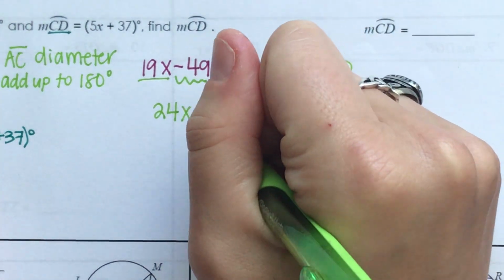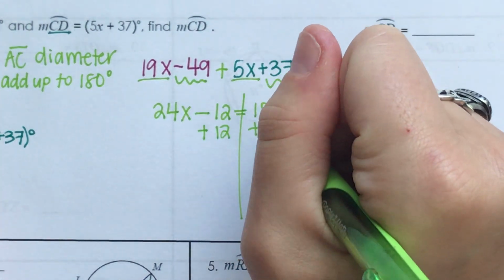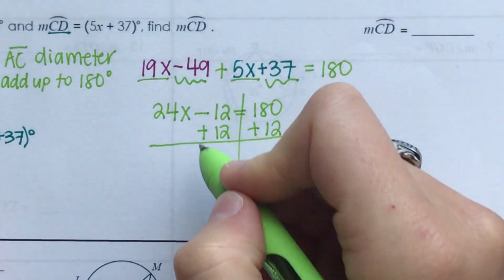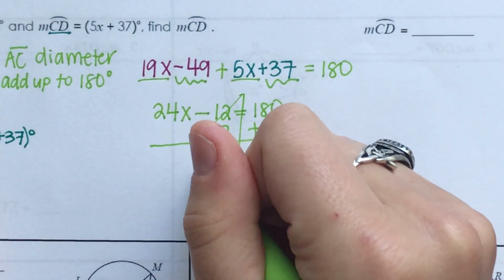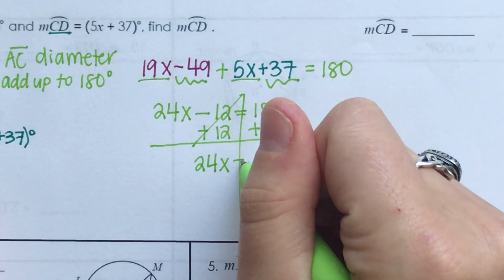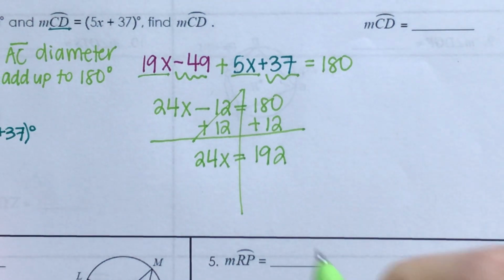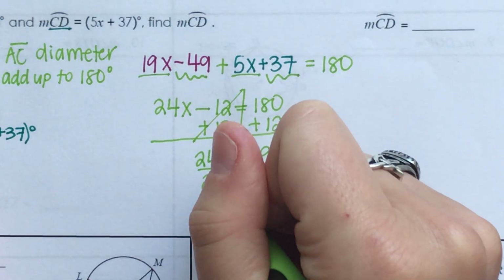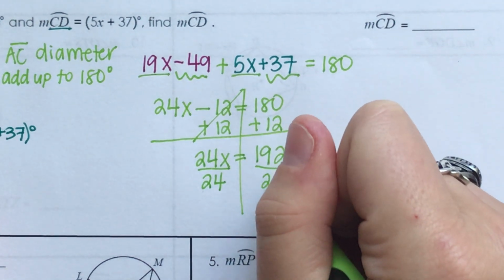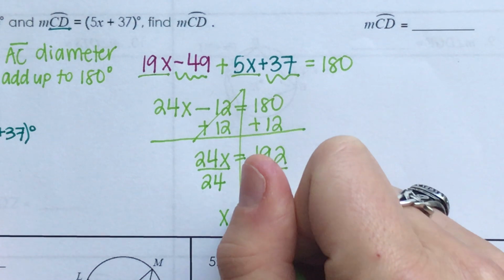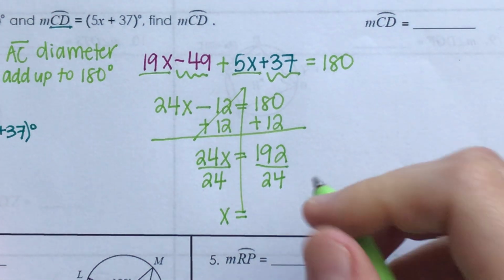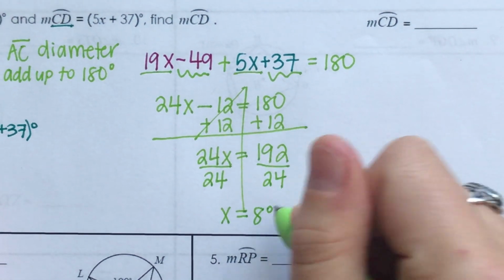So I'm going to add 12 to both sides. On the left it will cancel. I've got 24x equals 192. And then to get my x by itself, I'm going to divide by 24. Divide by 24. I get x equals 8 degrees.